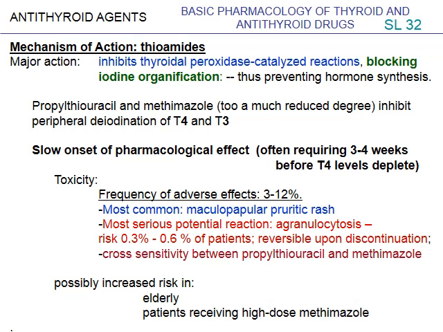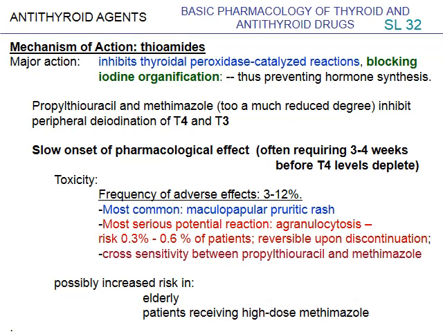These drugs have a slow onset of pharmacological effect. They often require 3 to 4 weeks before the T4 levels will drop to normal, to what they should be. Remember, these are drugs you'll give in a hyperthyroid instance. Now, in terms of adverse effects, the most frequent adverse effect observed is maculopapular pruritic rash.